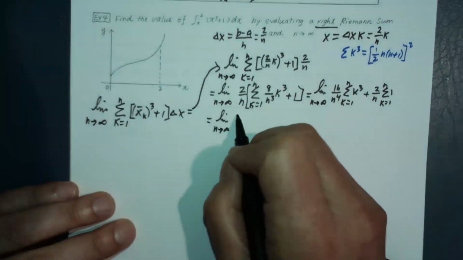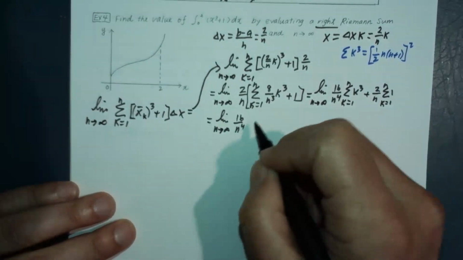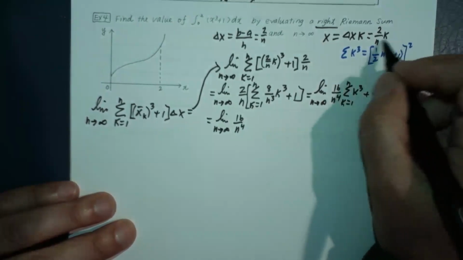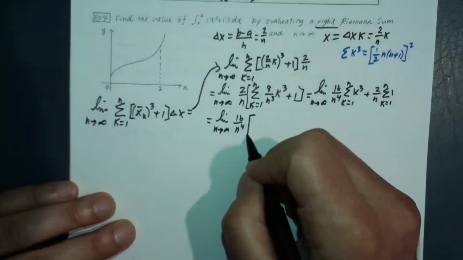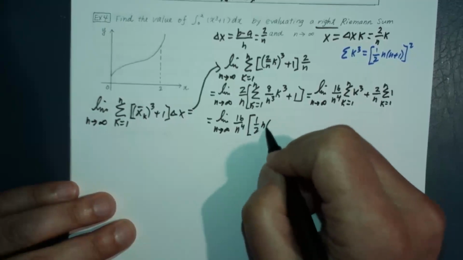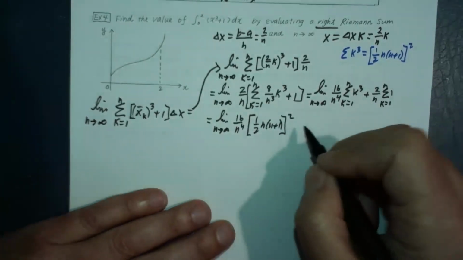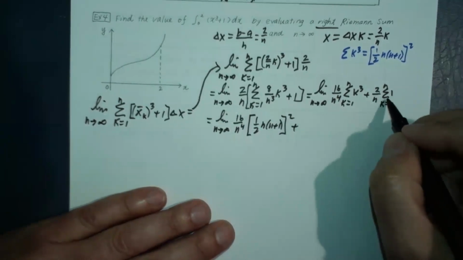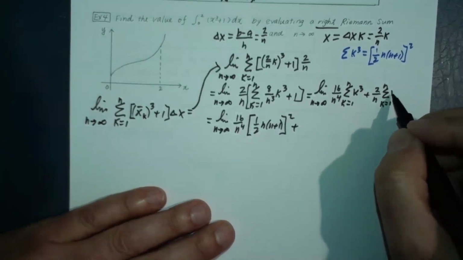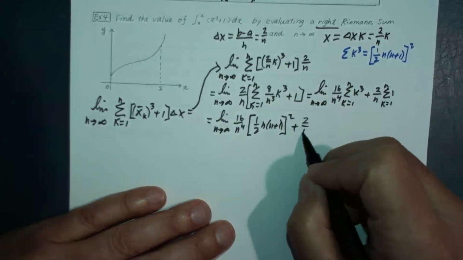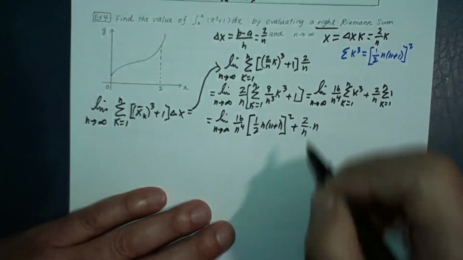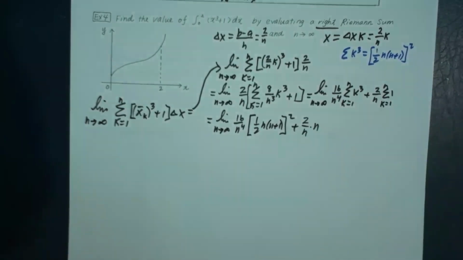All right, so I have 16 over n to the 4th. That becomes that. Plus, if you remember, when you have a summation of a constant, it just becomes n. So this becomes 2 over n times n. Okay.